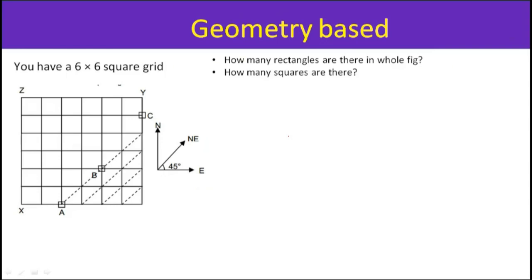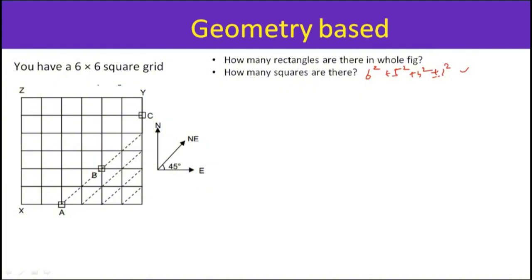So how many 1 cross 1 squares are there? 36. 6 cross 6, which is 6 square. Similarly, 5 square plus 4 square till 1 square. This will be your answer. 4 square plus 3 square plus 2 square plus 1 square, right? So whatever this is will be your answer for the number of squares.